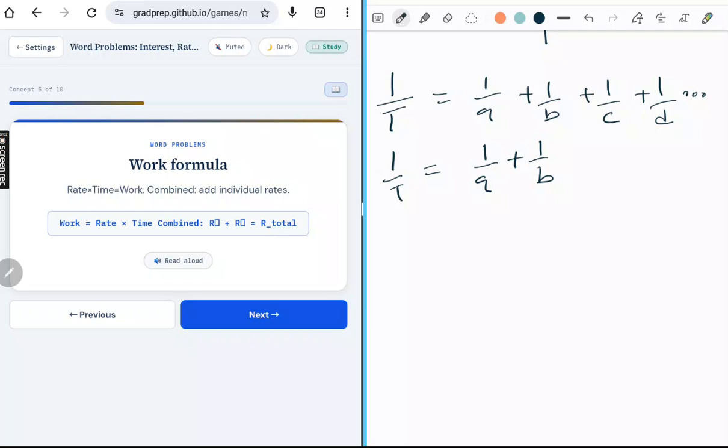But it could also be counterproductive. Let's say filling a reservoir and the reservoir is leaking. Whichever way, those machines or people that are working in opposite direction, you will assign them negative value.